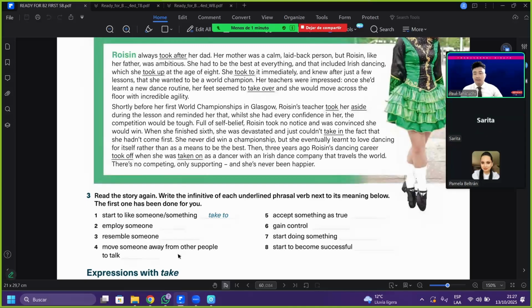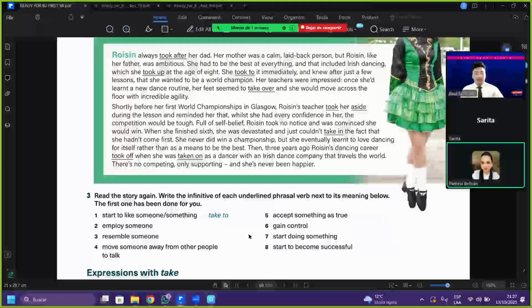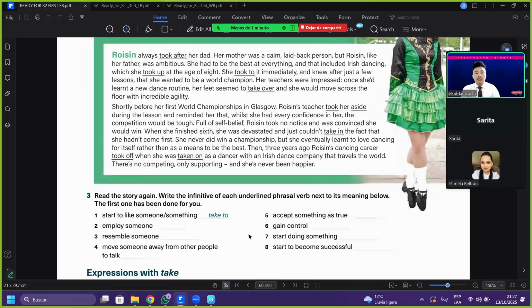Just like this. Number 5, to accept something as true. What do you think is the meaning of this phrasal verb? Take in, perfect. Basically, the meaning is to assimilate something. Take in.